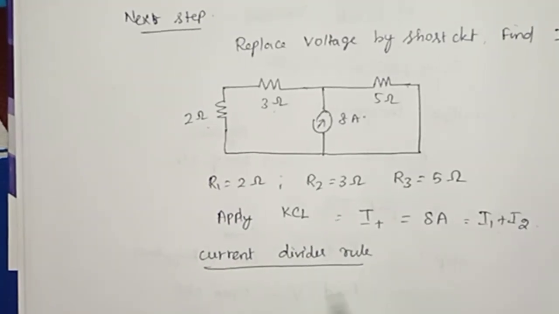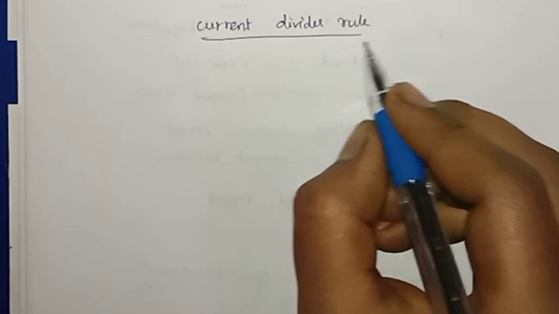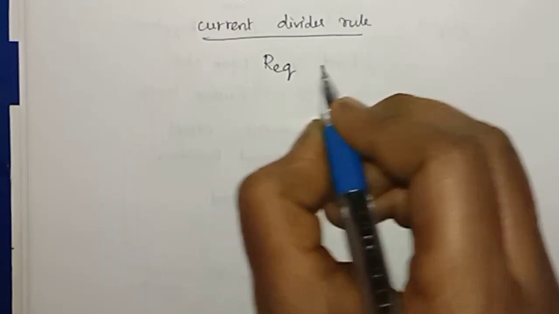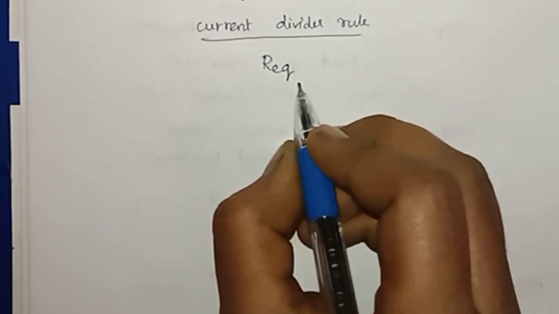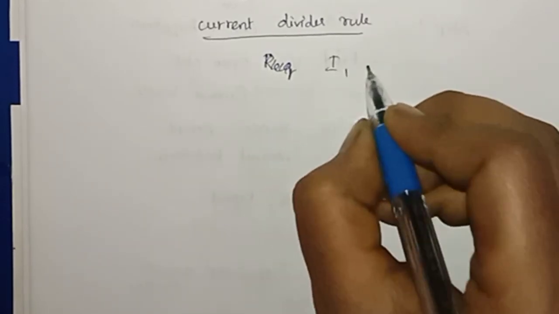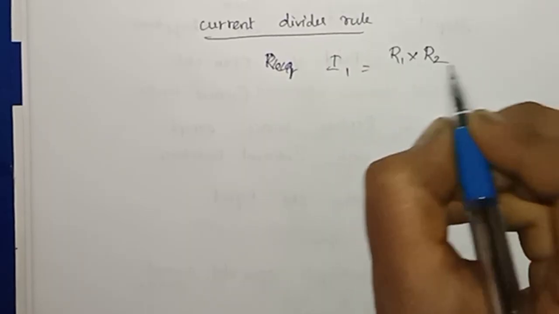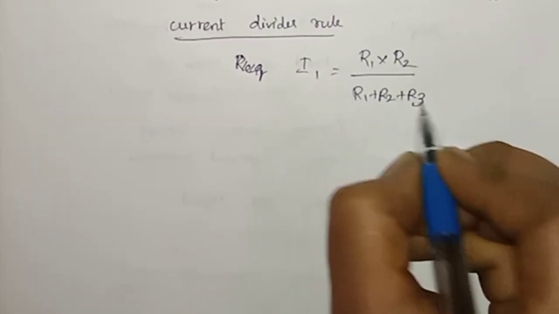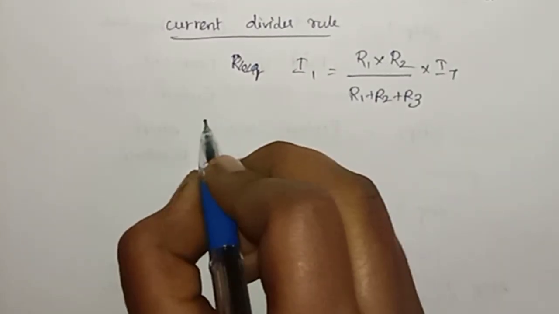The current divider rule states that the current through one branch is equal to the total current multiplied by the ratio of resistances. Here I1 is equal to R2 divided by R1 plus R2 plus R3, into IT, that is the total current.